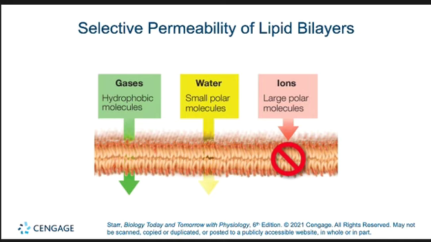Now the lipid bilayer is selectively permeable, meaning what? Only certain things can go through freely, and those are any hydrophobic molecule and small polar molecules. Water would be one of those unusual exceptions, although a lot of water goes through special water pores called aquaporins.